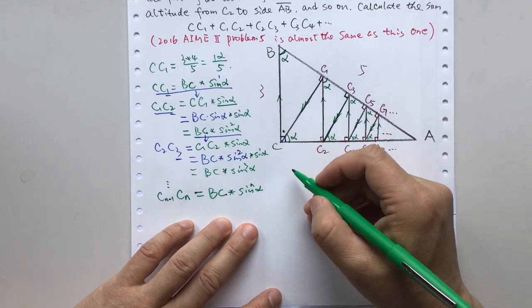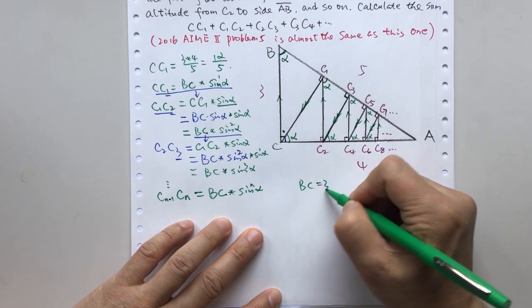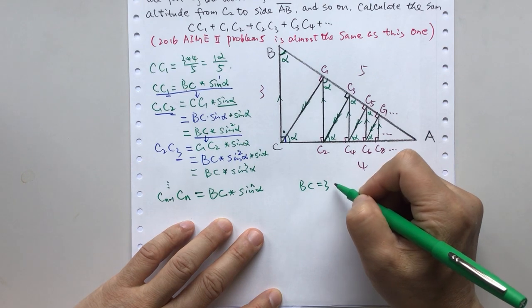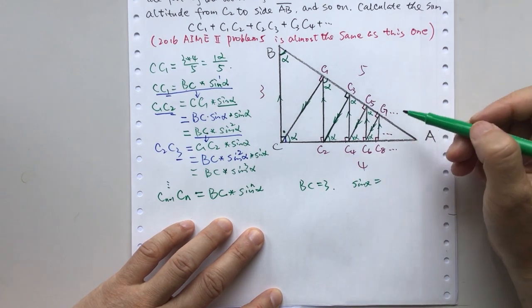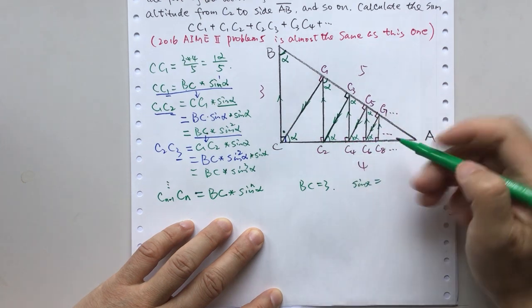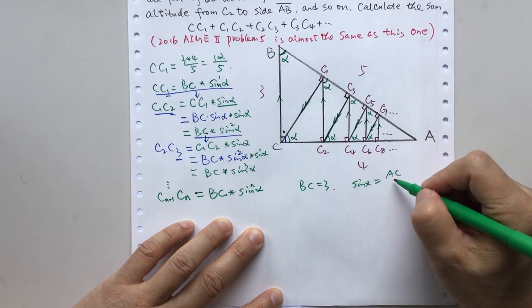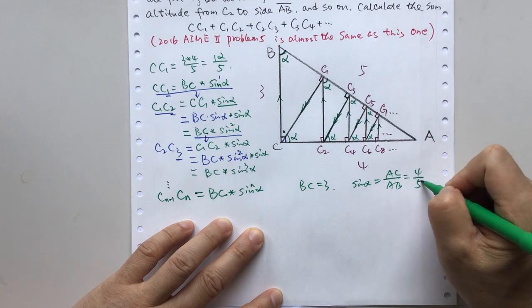Yeah, we know BC is 3, we don't need to find it. And the sine alpha, from the view of the largest right triangle ABC, sine alpha is AC over AB, equals 4 over 5.